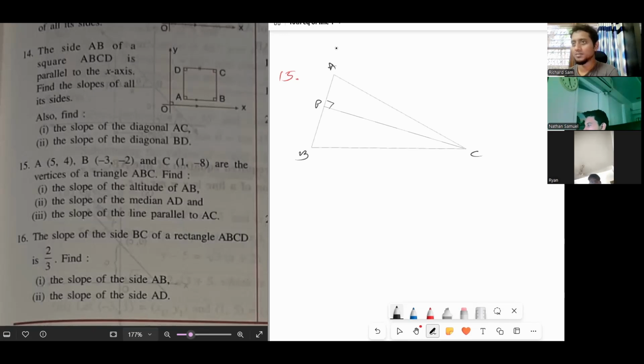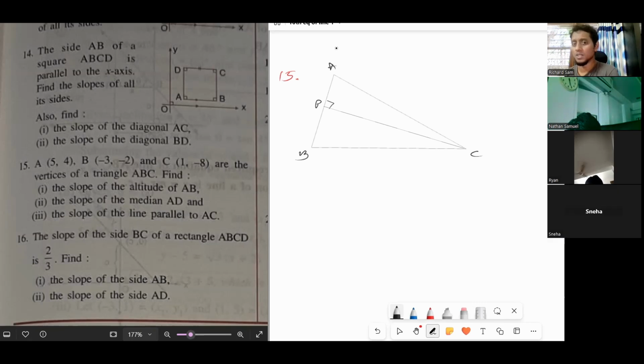So m1 times m2 is equal to -1. Their slopes are not equal; we cannot find the coordinates of P.